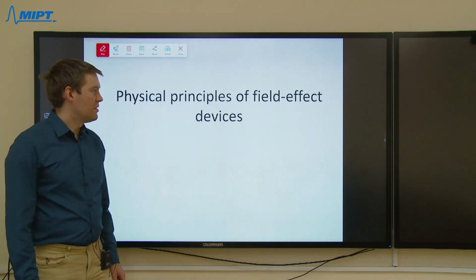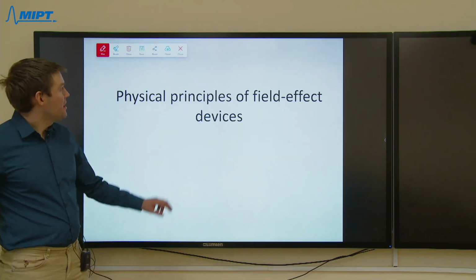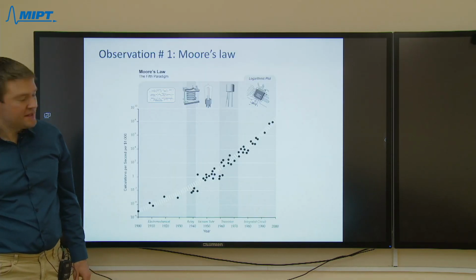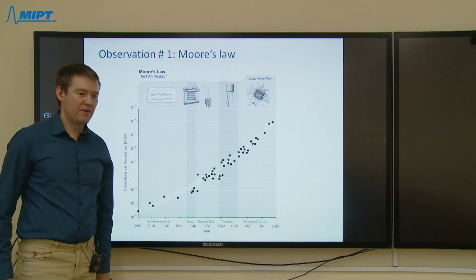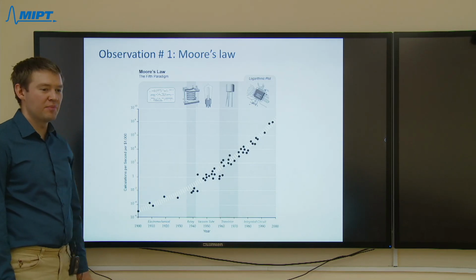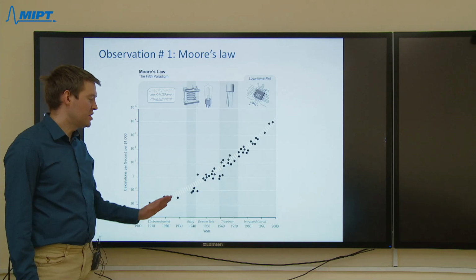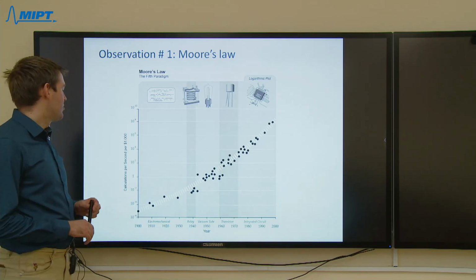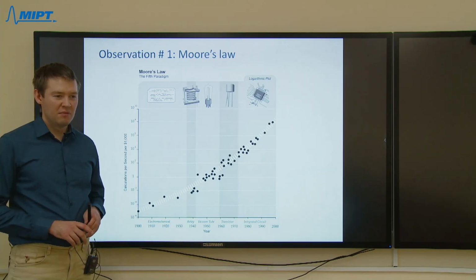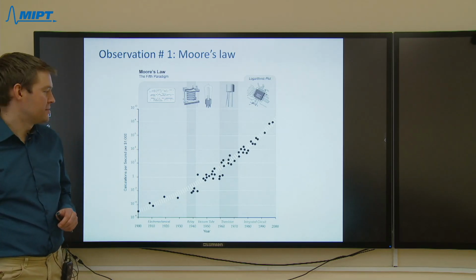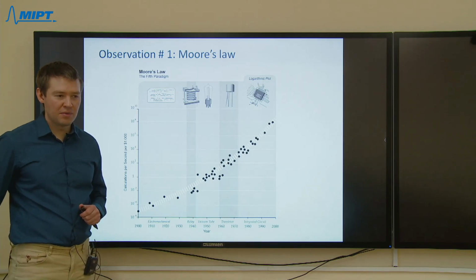On the previous lecture we have seen that the performance of computational electronic devices grows exponentially with time, and the number of computations per second per unit cost is growing exponentially, which has been called Moore's law till the end of the 20th century.